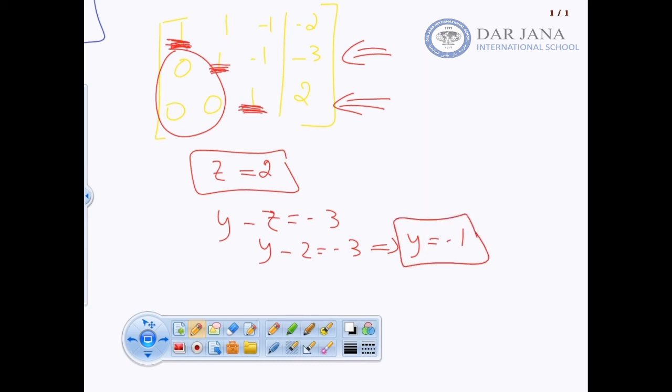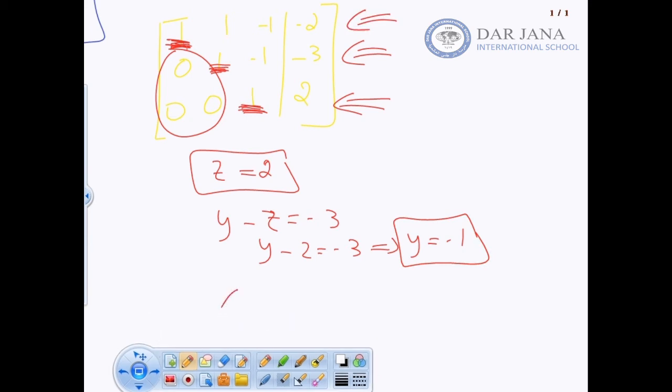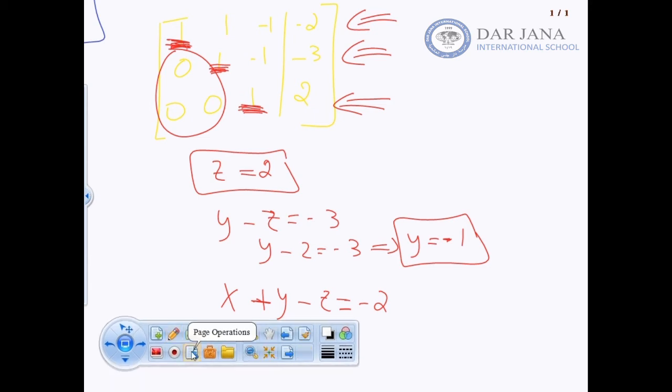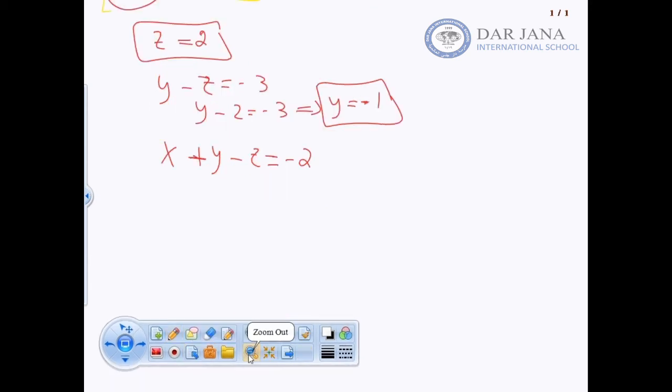And going back to the first row, we have x plus y minus z equals negative 2, and we have y and z from the first two equations, so we can substitute. x plus negative 1 minus 2 equals negative 2.